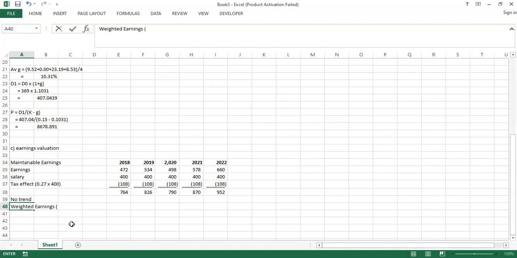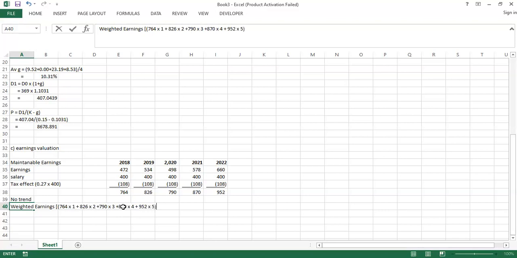So the formula there, if you want to show the formula for your weighted earnings, you are taking 764 times 1. I want you to notice something. 826 times 2 plus what? You can continue now. 790 times 3 plus what's next? 870 times 4 plus what? 952 times 5.